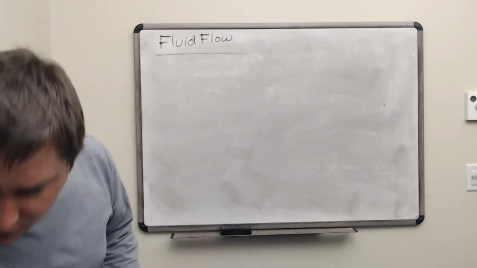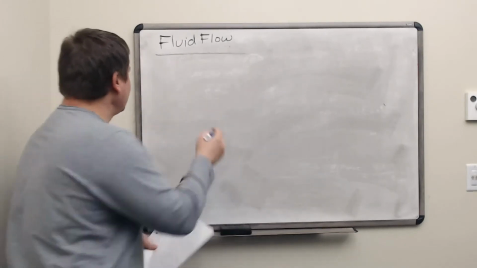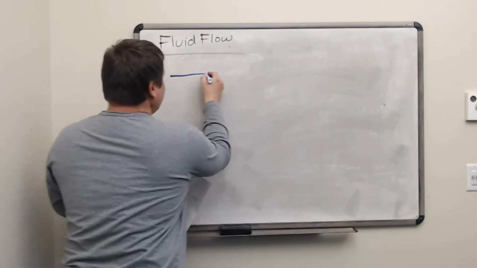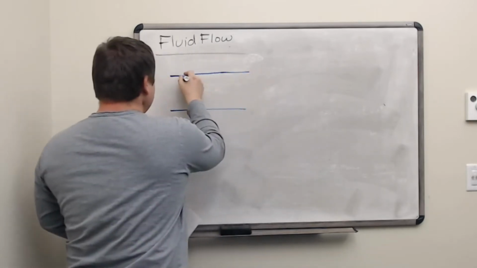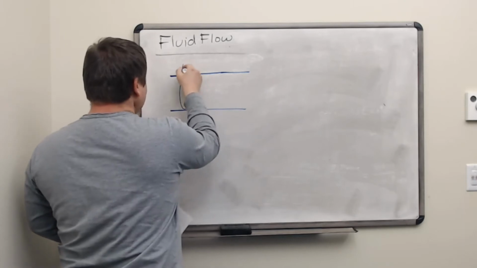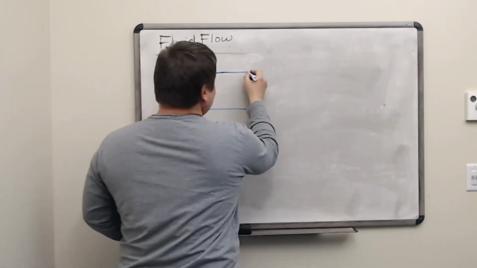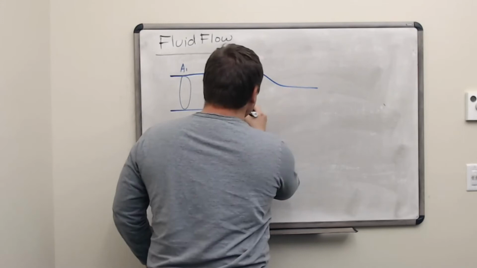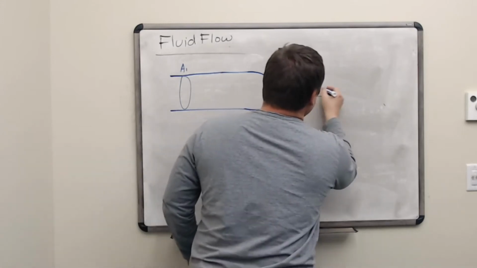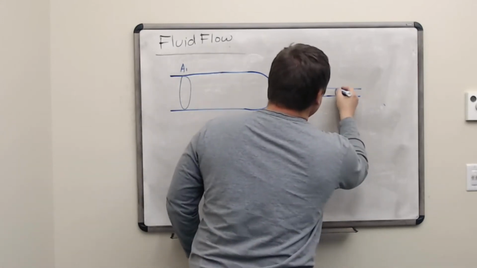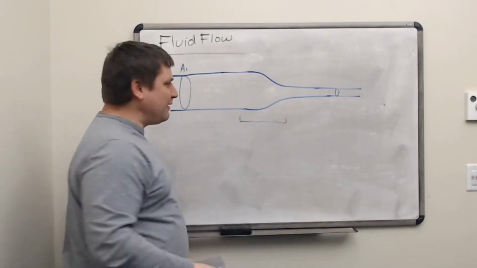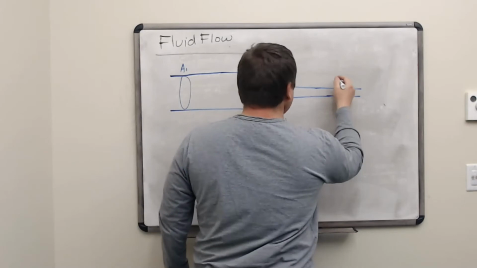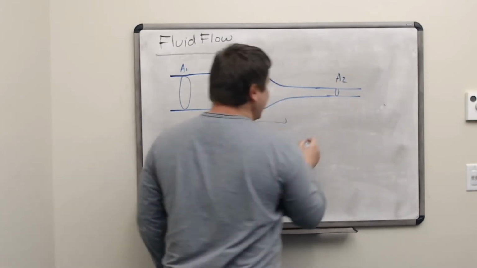So we're going to start with the idea that we've got this pipe, and it begins with some area, let's say A1. Then it has some constriction over some middle portion of the pipe, and then at the end it ends up at final area A2.